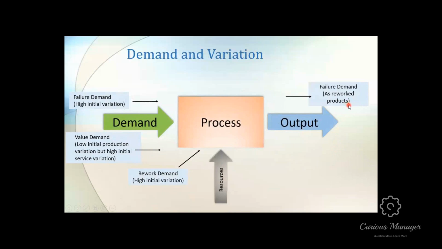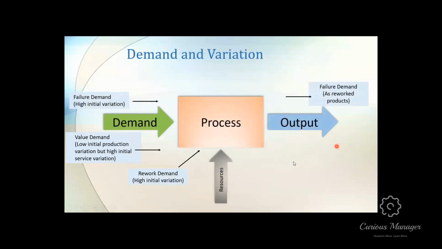But if it comes out and it's incorrectly made, if we didn't put the fuzzy dice in the car like we said, or if we made it blue and not red, we may have to put it right back into the system here. Or in many cases, in some service industries, we may have a completely separate process where it goes into a new process as a failure demand for a second process.